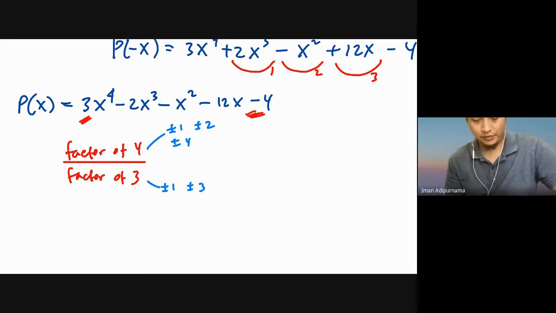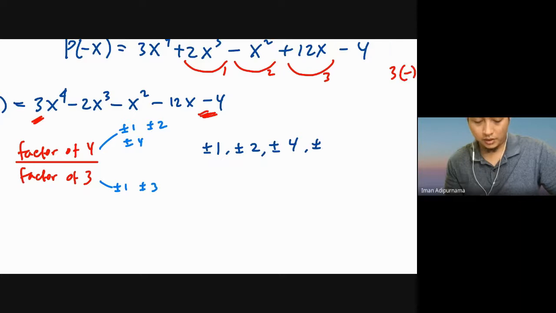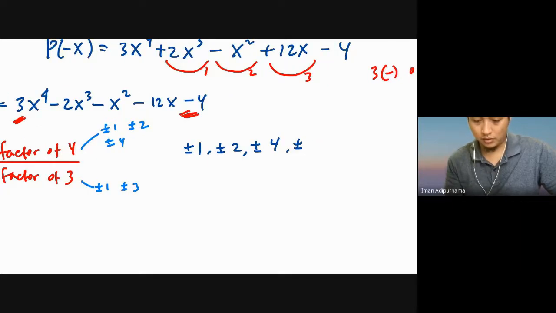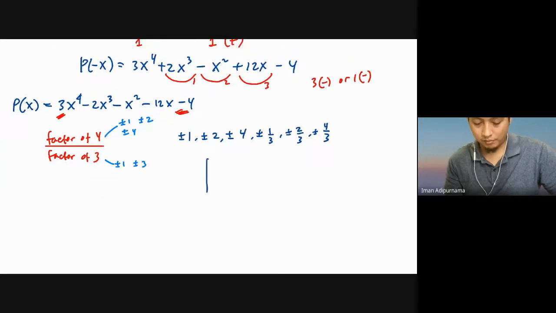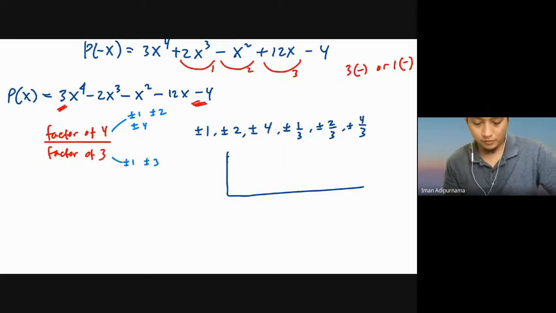So we will have plus minus 1, plus minus 2, plus minus 4, plus minus 1 over 3, plus minus 2 over 3, plus minus 4 over 3. Okay, it's quite long for the polynomial, so let's start with 3, minus 2, minus 1, minus 12, minus 4.